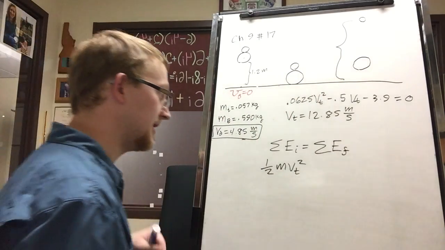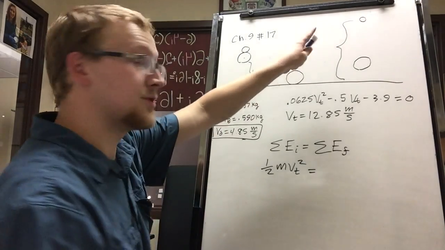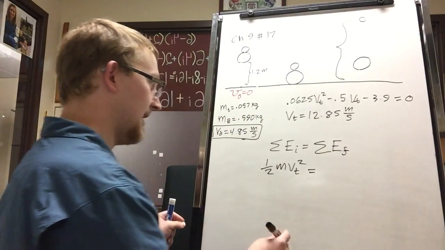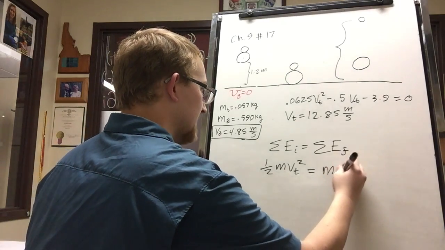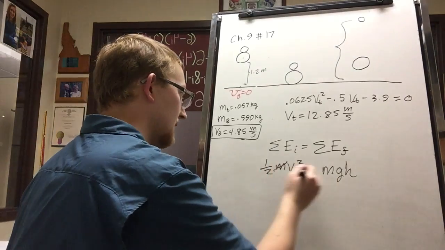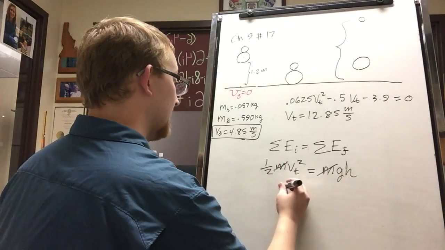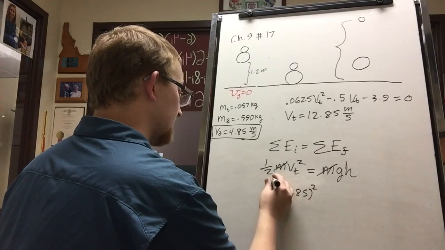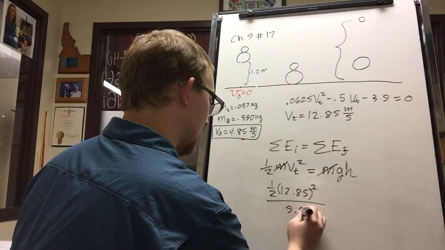We're at our potential equals 0 line for gravity. And then we know that once we finish, we're looking for maximum height. So that means the ball has come to a complete dead stop in midair, which means that all we have left is its gravitational potential energy, which is mgh. The m's cancel out. We know that Vt is 12.85. Square that. Divide it by g to solve for height.